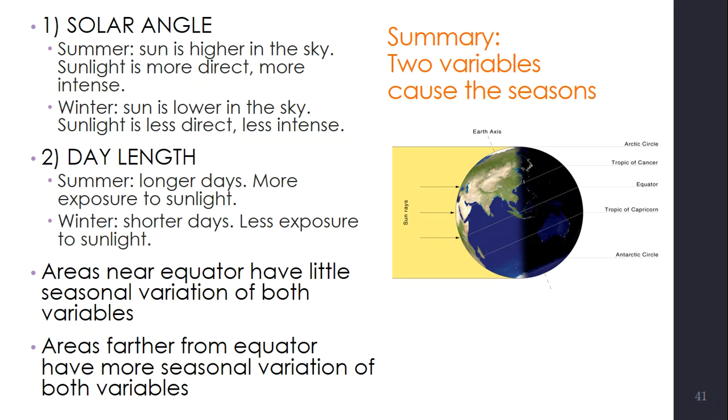So there is a ton of seasonal variation in the Arctic. It is always cold, but you have periods of time where it gets hardly any sunlight and periods of time where it gets almost 24 hours a day of sunlight. But the angle is pretty low, so it's not getting a bunch of intense radiation. But the ice sheets up there do retract a lot during the summer.